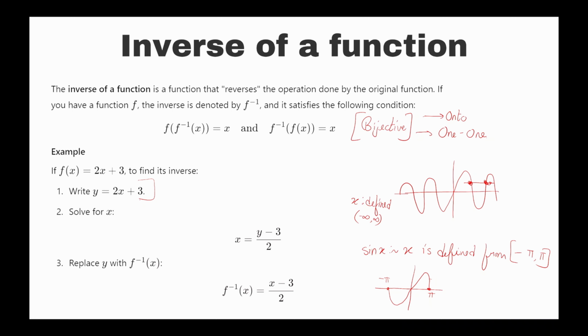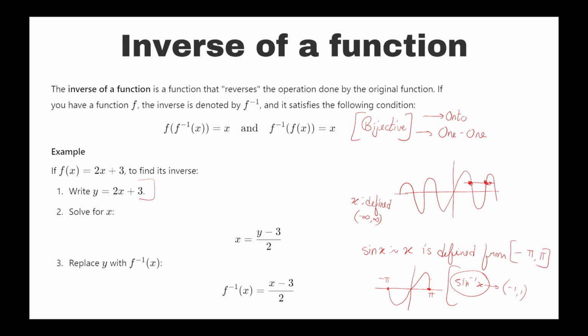Because now, when I define my function to be the inverse, sine inverse x, what I say is that my domain ranges from minus 1 to 1. Earlier, when I had sine x, my domain used to be x belongs from minus infinity to infinity. Now for sine inverse x, it would become from minus 1 to 1.